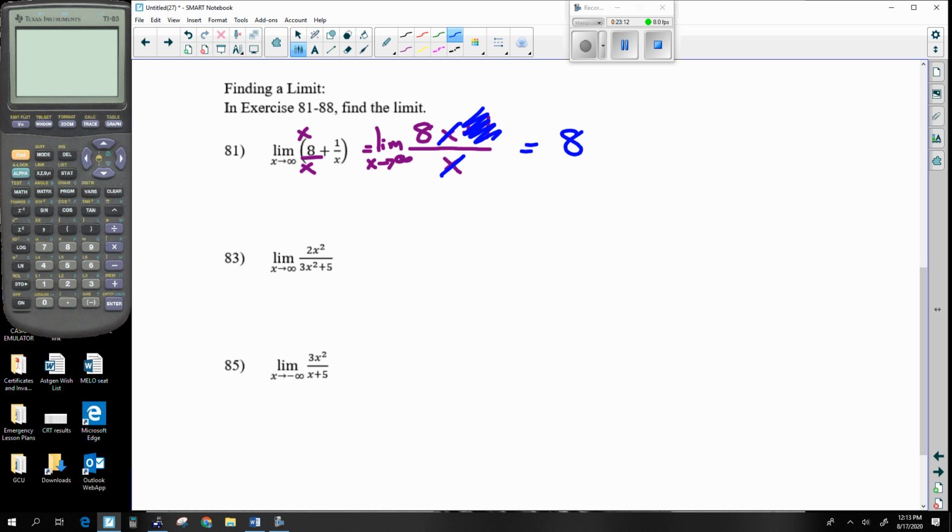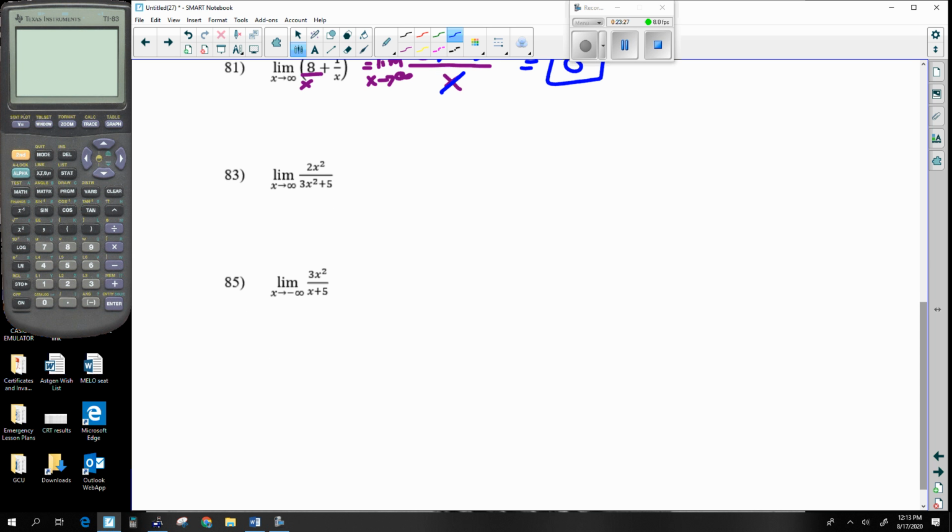This is going to be equal to 8. Again, I could have probably told you that from this. This is going to be 8 plus 0. When you plug in the infinity, 8 plus 0. All right, because this thing goes to infinity, you get to eliminate anything that doesn't have an x, and then you simplify.